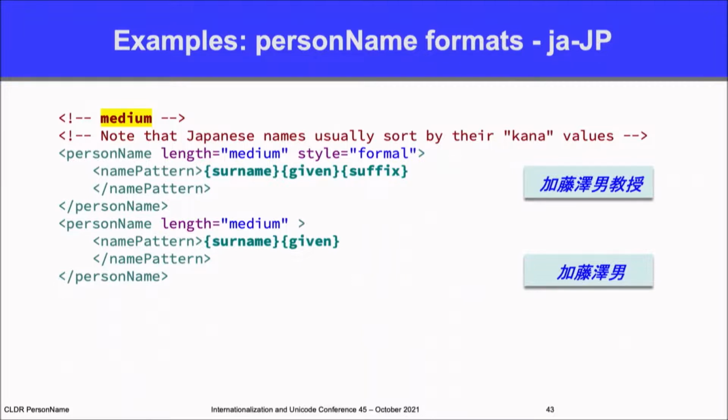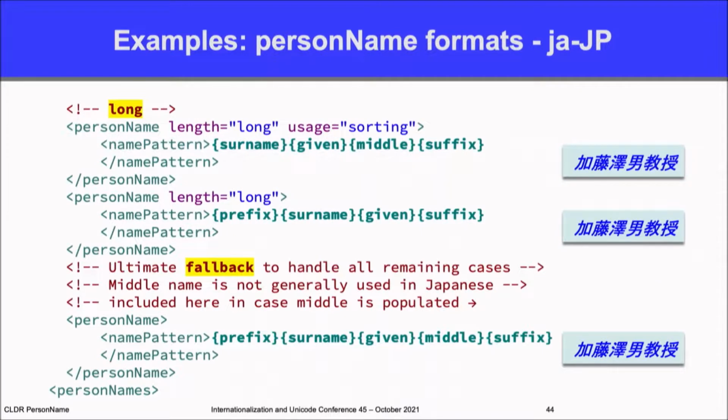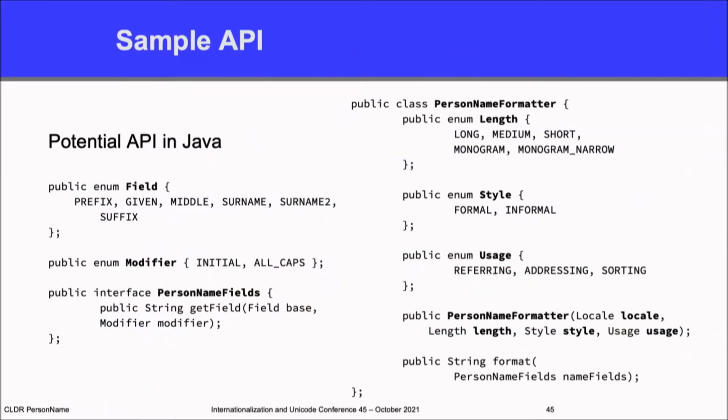Medium might be the surname given suffix for the full professor, and then long, you can see all of these are the same, and we potentially could have just gotten rid of long and just dropped right down to the fallback, because they all look exactly the same. Sample API would have representations for how I handle the modifiers, the name formats, usage, and so on, to be able to then drop in a name object.